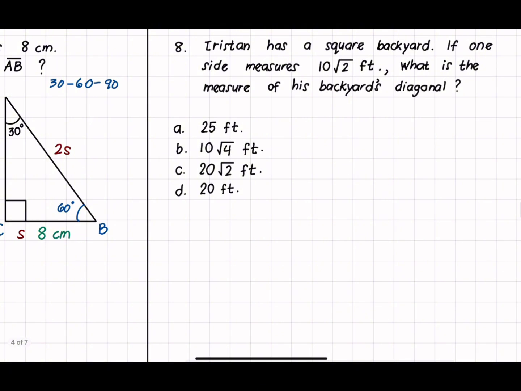For number 8, Tristan has a square backyard. If one side measures 10 square root of 2 feet, what is the measure of his backyard's diagonal? So again, to better visualize this problem, we have to draw it. So we have a square backyard, and this is the diagonal.